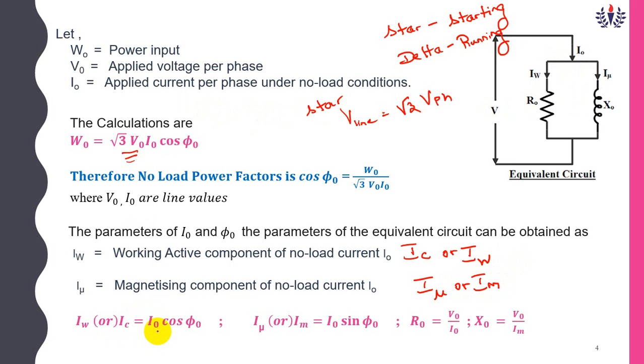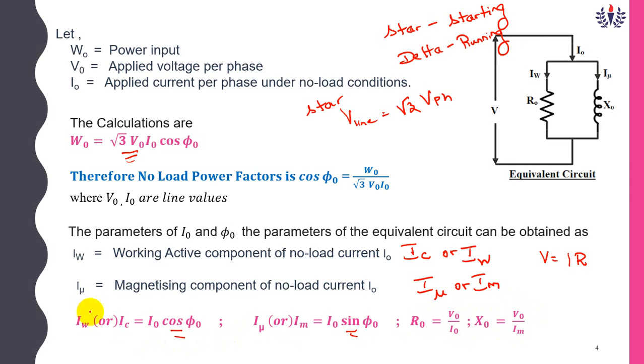These are the formulas for the active component: IC equal to I naught into cos phi naught, in terms of power factor, but for the magnetizing component, I naught into sin phi naught. Only cos is applicable for active, sin is applicable for magnetizing. And R naught equal to V by I, because we know Ohm's law, V equal to I into R. So R equal to V by I, and X naught is V by Im.